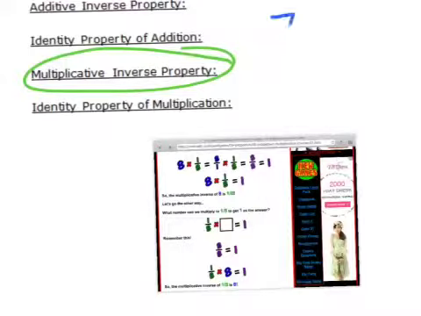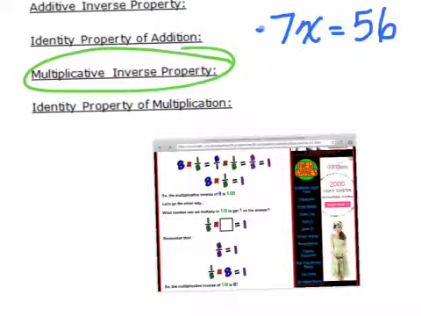So let's use 7x equals 56. If I have 7x equals 56, my multiplicative inverse would be to take 7 and multiply it by 1/7. Now the way that we usually show that is dividing by 7, but you can see that that multiplicative inverse is there in my division as well.